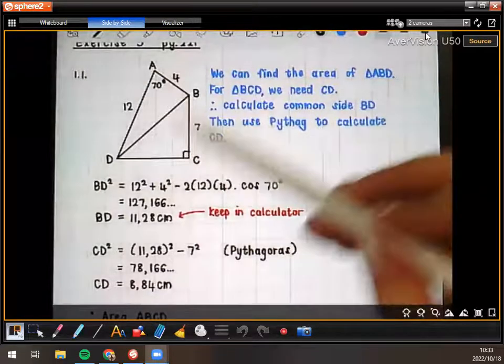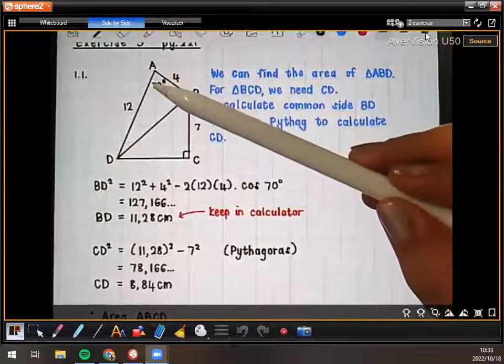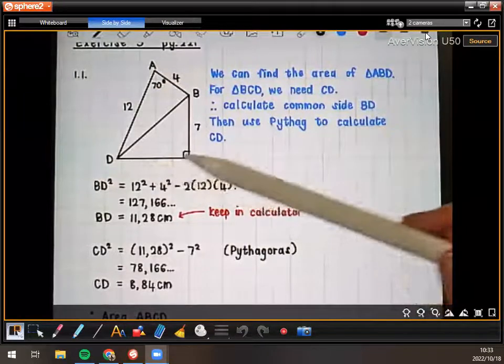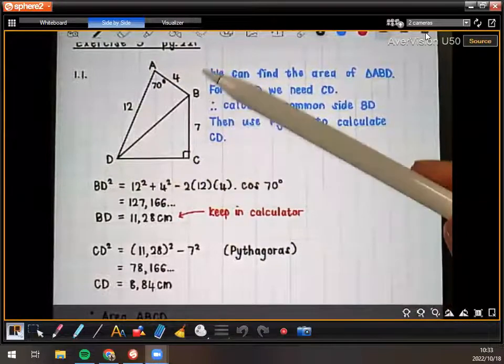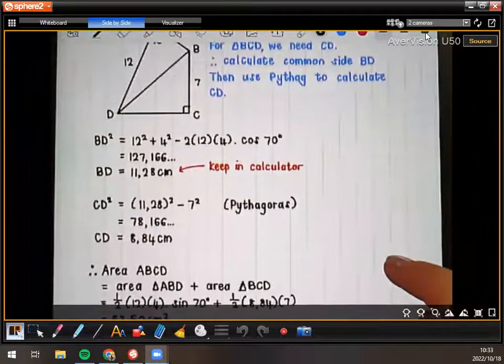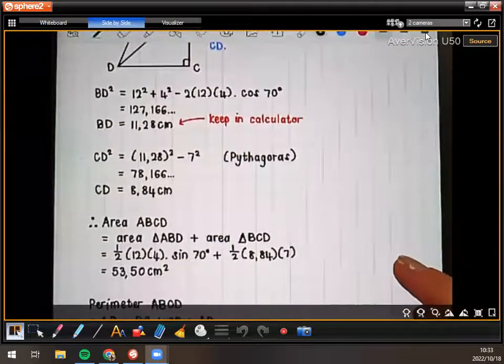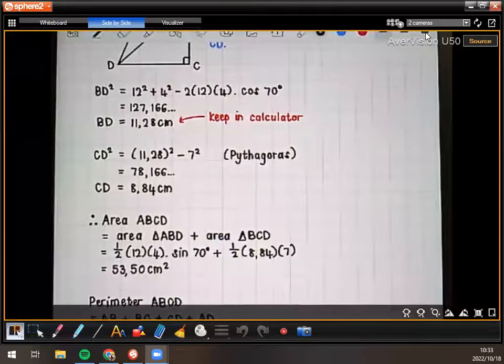Area of the top triangle is those two sides and sine of the included angle. Area of this bottom one is half base times perpendicular height. We'll talk about perimeter just now. Guys, if you're finding the area of a shape that has multiple shapes like this, I suggest you first find each area separately and then add them together. See if you can do it in one calculation to save you some time.